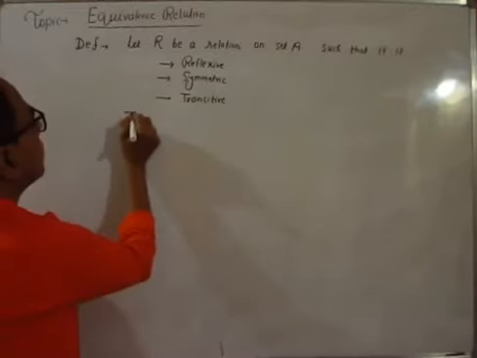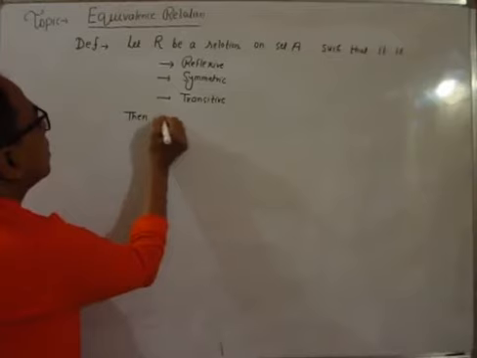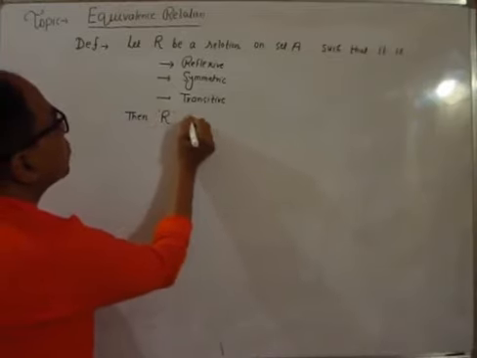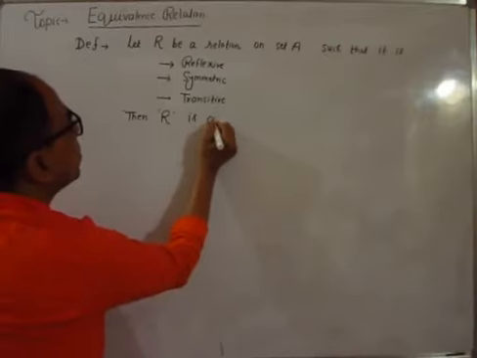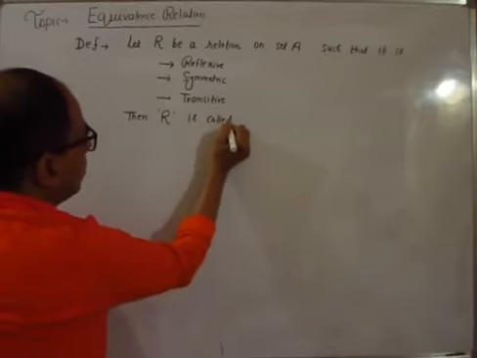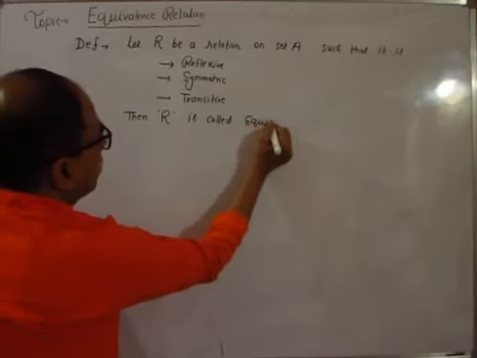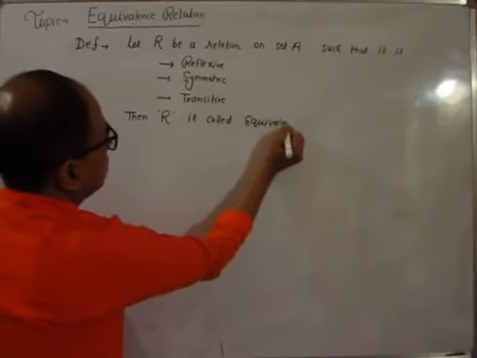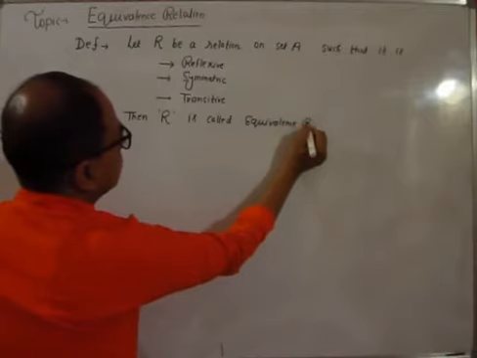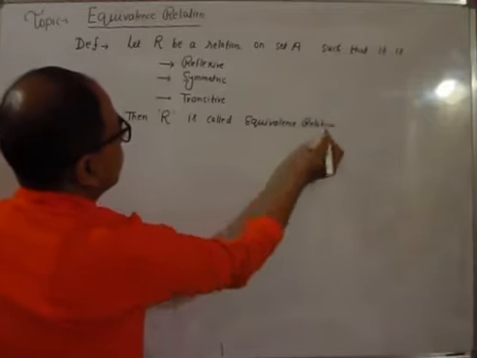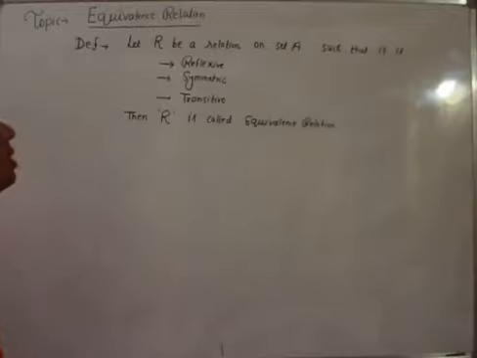Then this relation R is called equivalence relation. So this is the definition of equivalence relation.